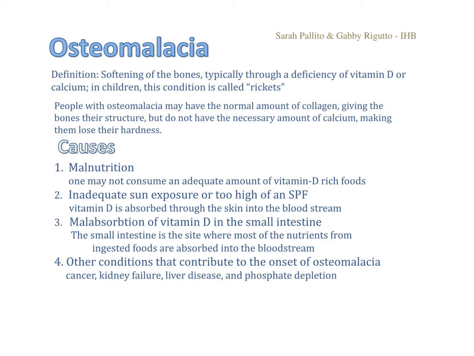Inadequate sun exposure, say in an older person, where they're just not producing the inactive form of vitamin D, that would lead to the active form of vitamin D from the kidney. Okay, so really see vitamin D as the important vitamin to absorb calcium from the gastrointestinal tract.